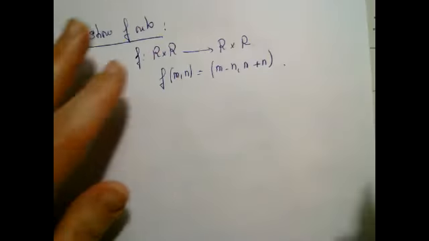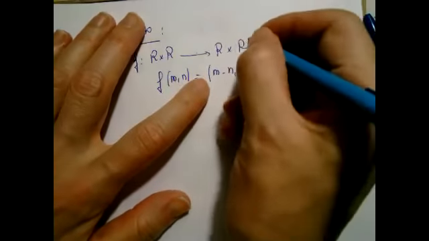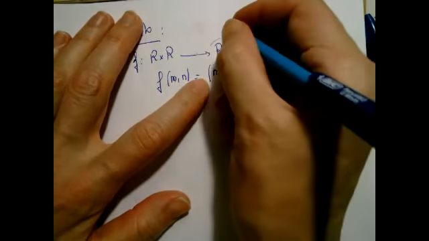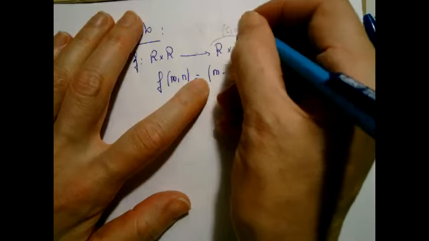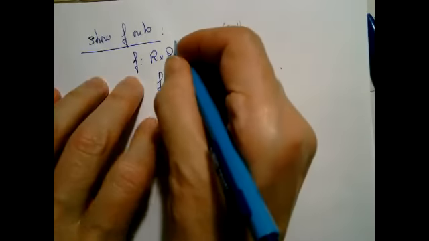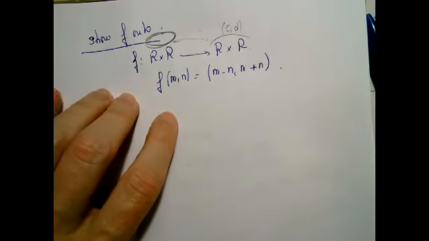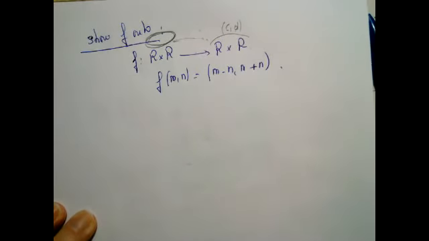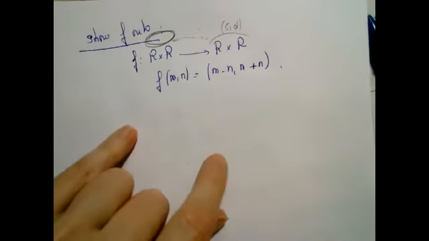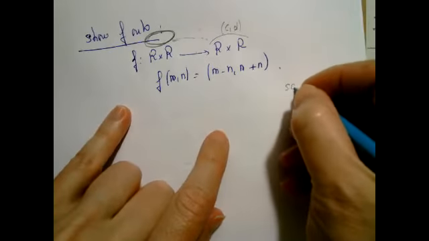Now I want to show something. What does it mean? It means I have to start from something in here. I'm going to give it a name, c, d. And I'm going to find what is the pair that's mapped into c, d. That's really how to show onto. It means you have to show that you can find a pair that's mapped into c, d. And that's where my scratch work starts.